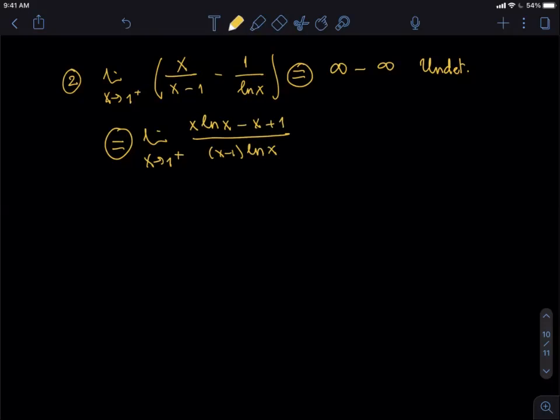And let's see now. So this is 1 times 0, but approaching from the positive, minus 1 plus 1, that makes 0, divided by 0 from the positive. Yeah, it's 0 divided by 0. This one we can handle with L'Hopital.